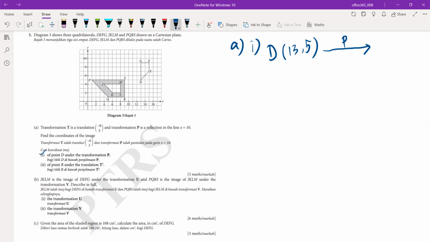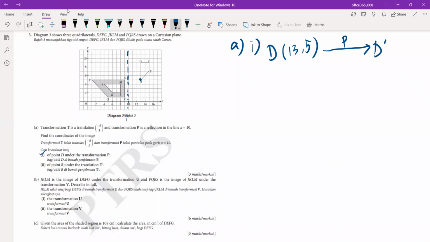So transformation P is reflection at the line x equals to 10, this one. So 13, 5, if you reflect at the line, line x equals to 10 is a vertical line.